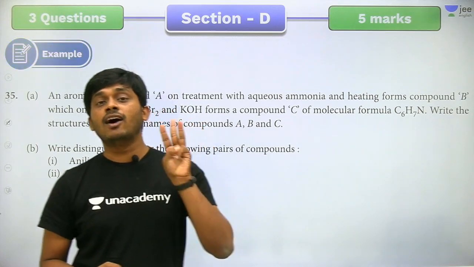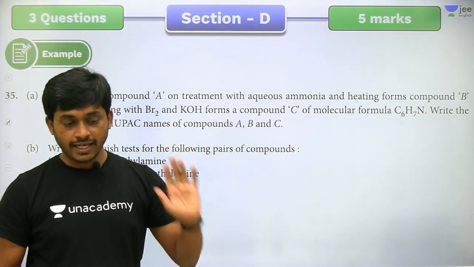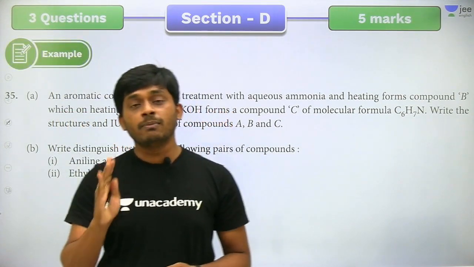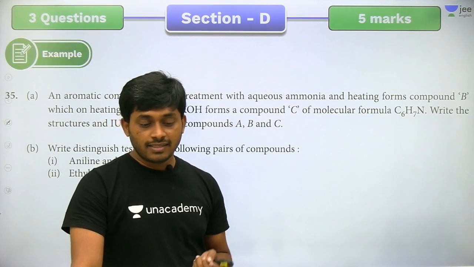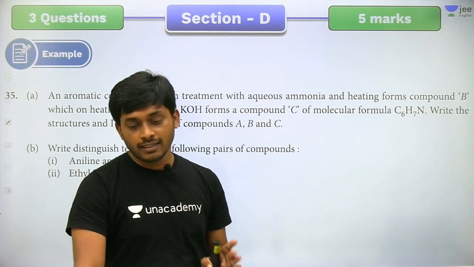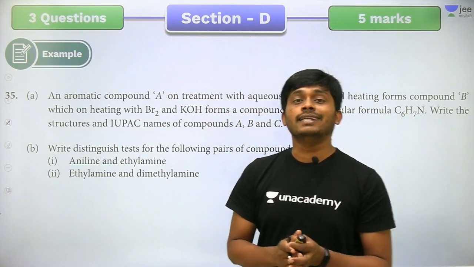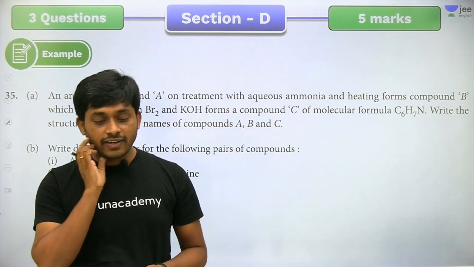Because 3 long answers we have to write. 3 into 5, 15 marks. So for 15 marks, what do you think is the optimum time? Time management is most important in a theory exam, right? So how much time are you giving?